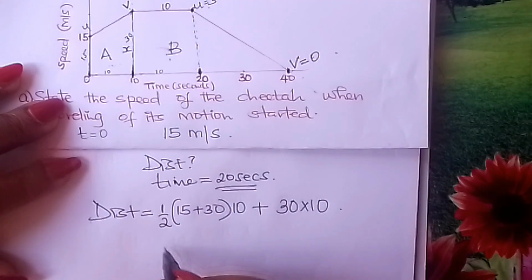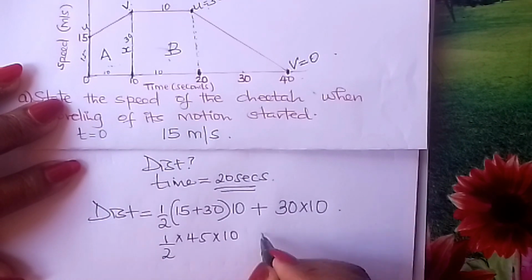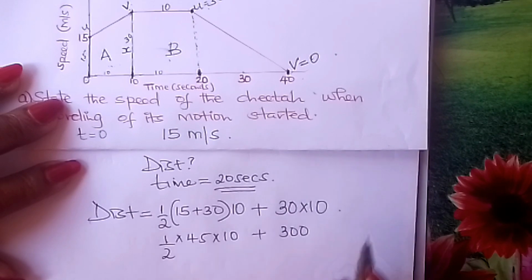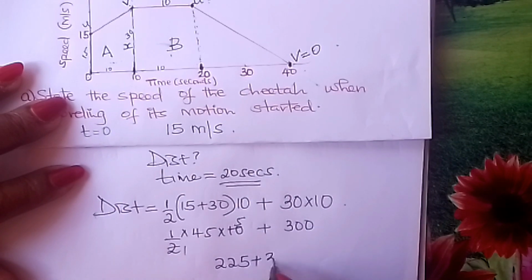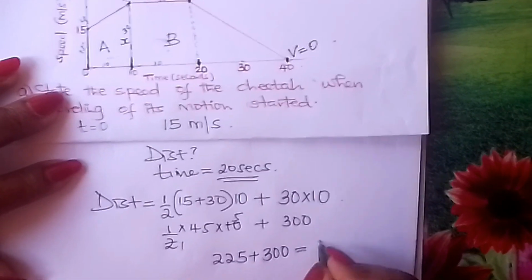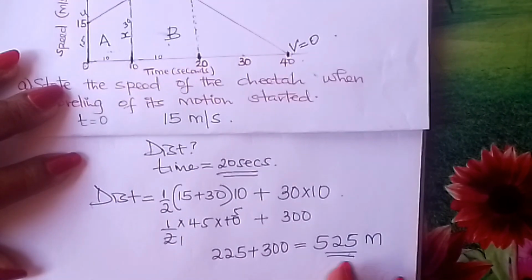So this gives us what, learner? This is a half times 45 times 10 plus 300. This gives us 225 plus 300, which gives us 525 meters. This is our distance.